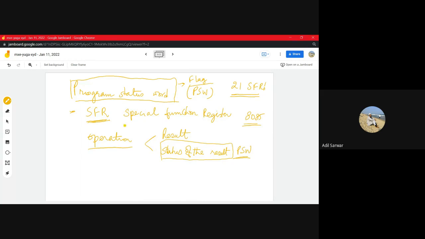Now let us see another register, which is the program counter, PC.